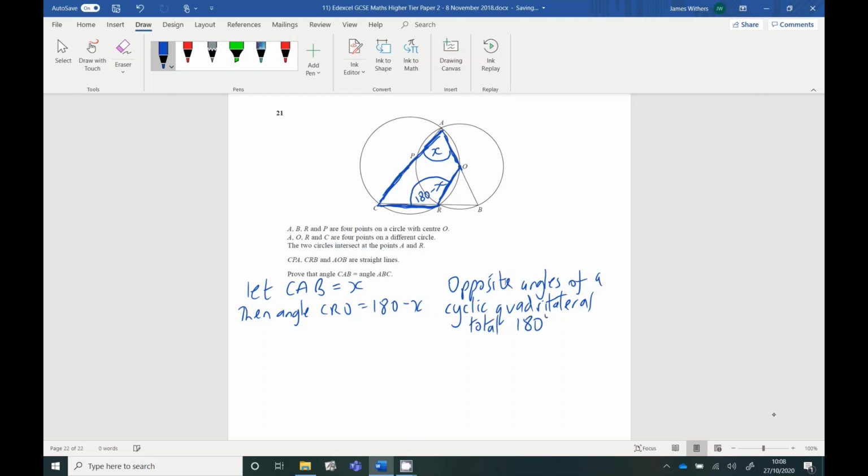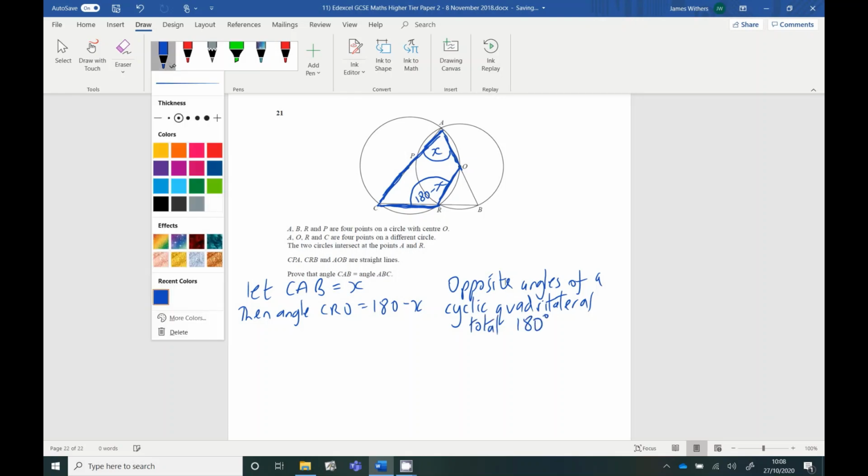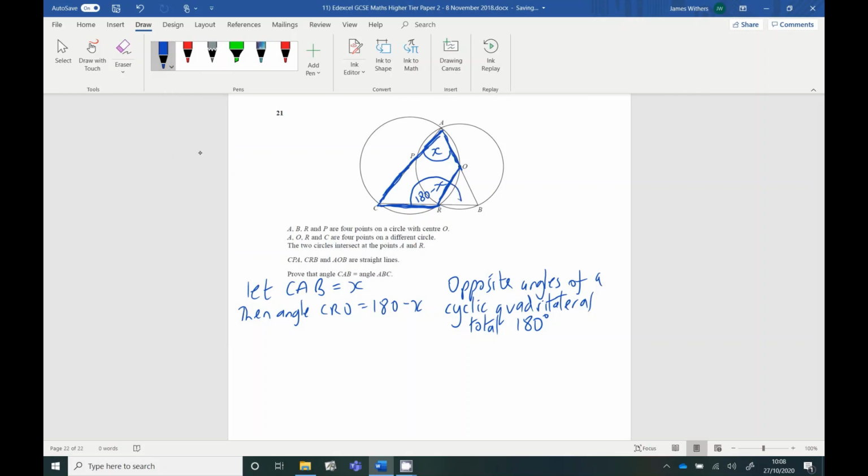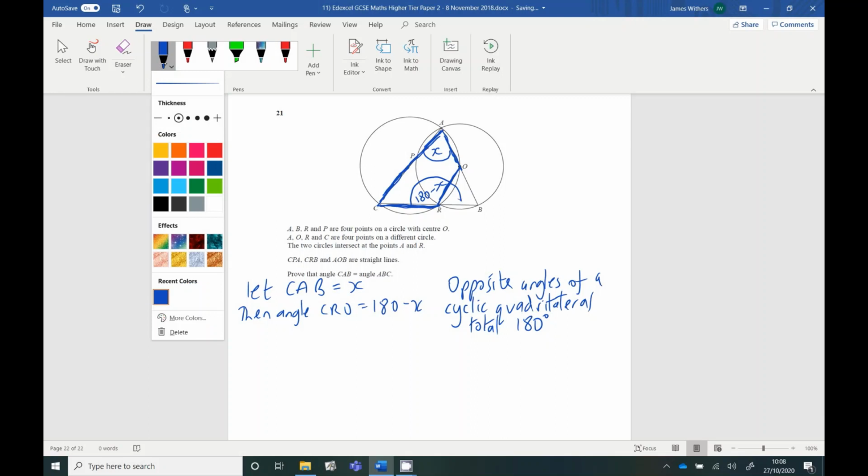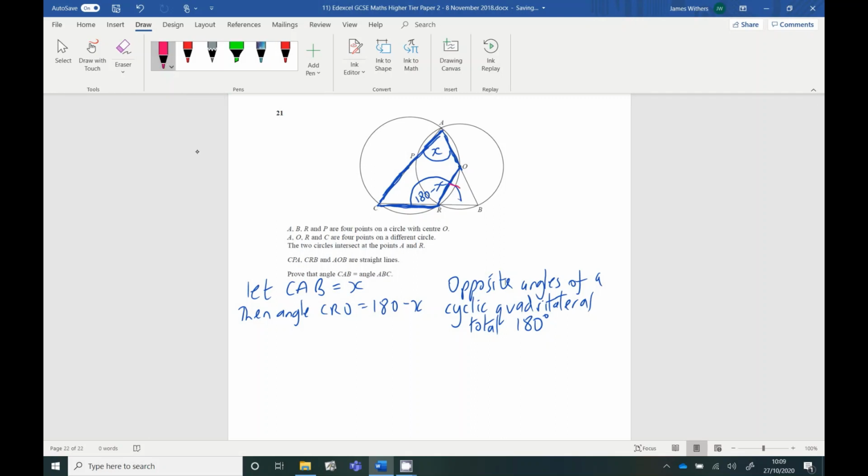Now that's the hard bit done, really, because following on from that, that angle there must be x degrees, because angles on a straight line add up to 180. So we can say angle ORB equals x degrees, because angles on a straight line add up to 180.